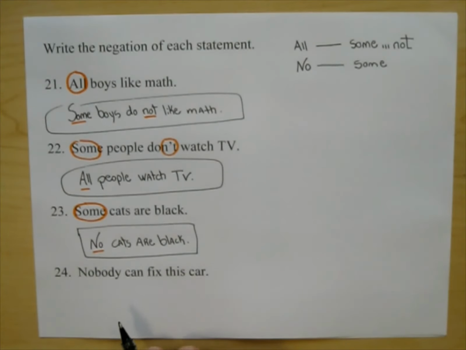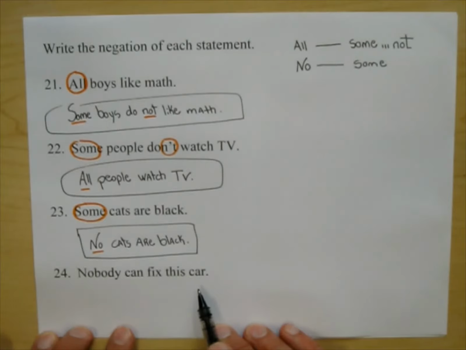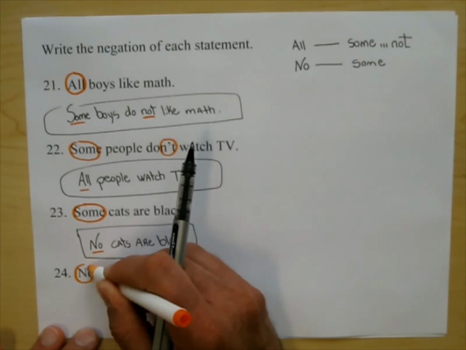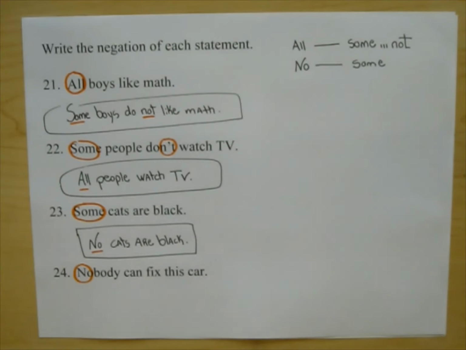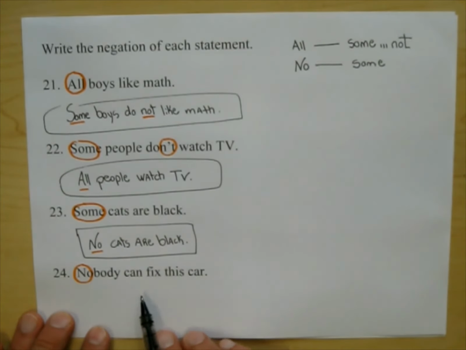The last one on this page is nobody can fix this car. So we have a no here, and it gets replaced with a some. So I'm going to say somebody can fix this car. That's good to say. You could also say someone can fix this car.